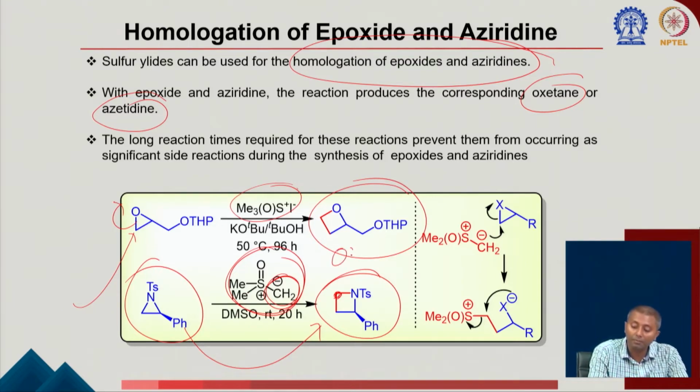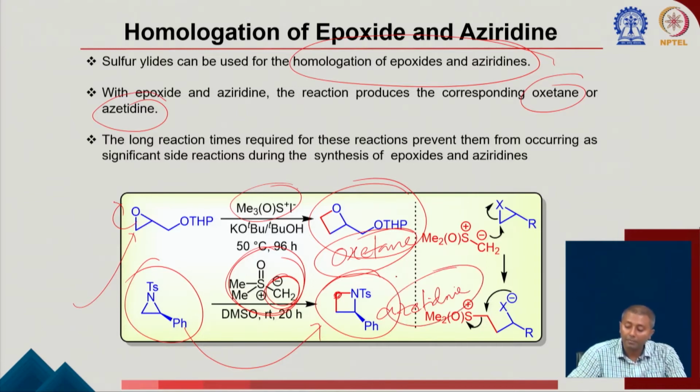So these are the oxetane compounds and these are the azetidines. You can see the mechanism is already given here. First the ring opening by attacking the terminal position, and then this minus can attack to form the corresponding azetidine or oxetane.